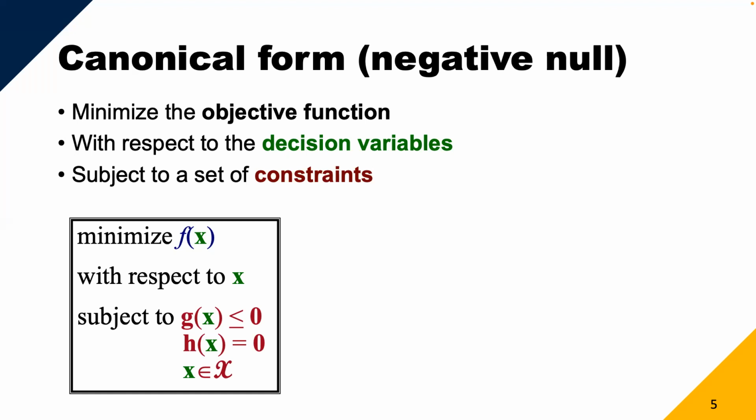That's with respect to the decision variables. So the whole point is you're trying to achieve some kind of value, and the way you achieve it is by adjusting the value of specific variables in the equations. And so the things that are getting adjusted up and down are going to be your decision variables.